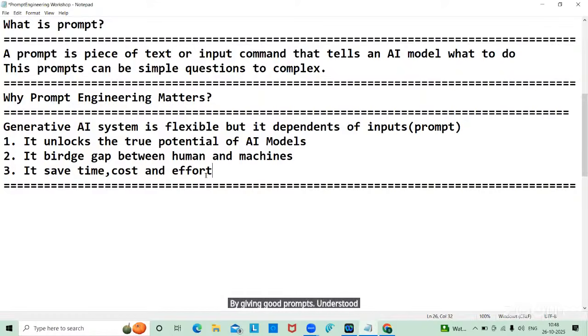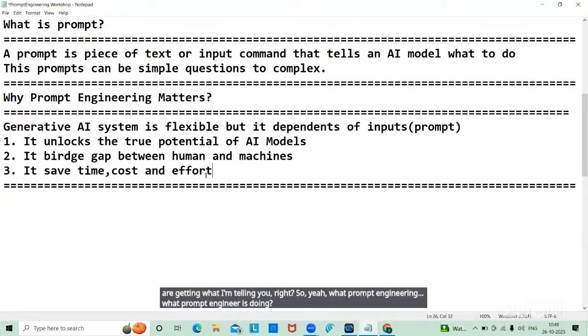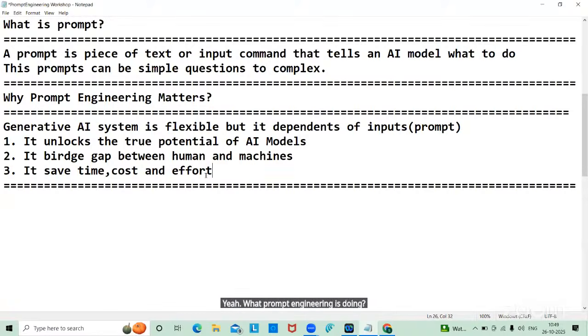Understood, my dear students? Are you getting what I'm telling you? What is prompt engineering doing?